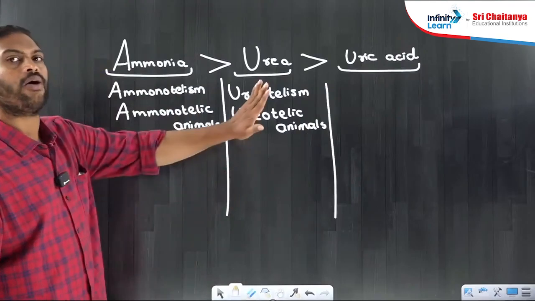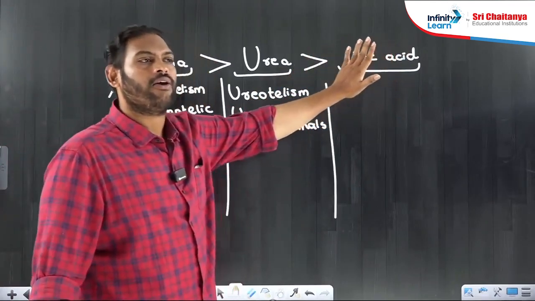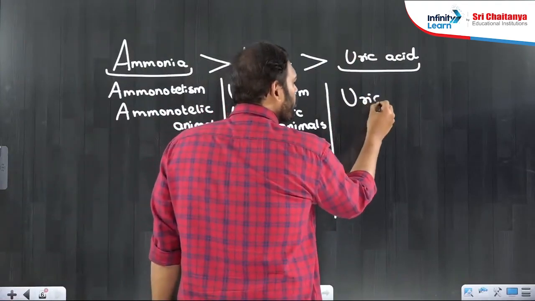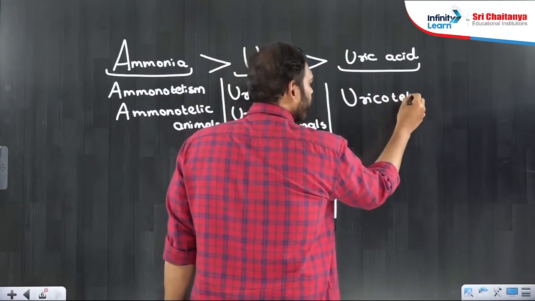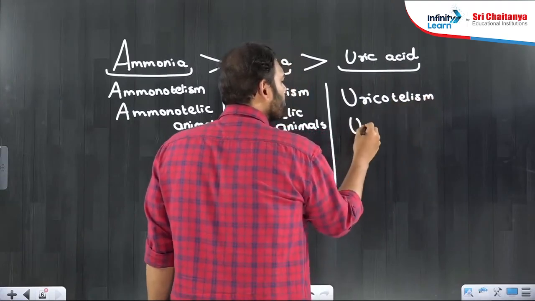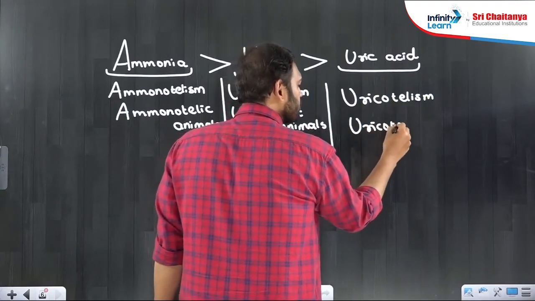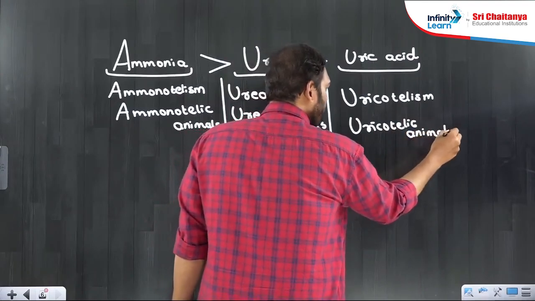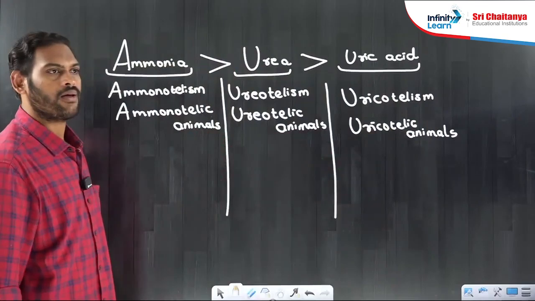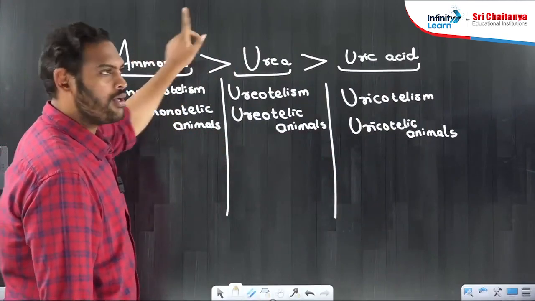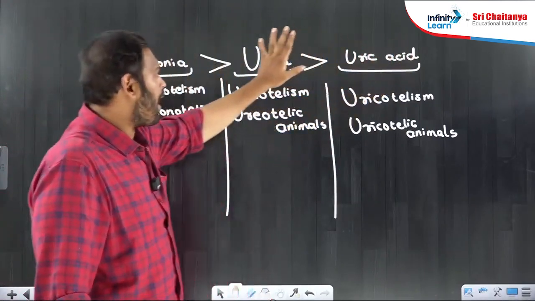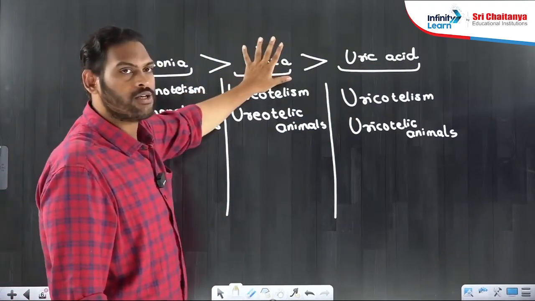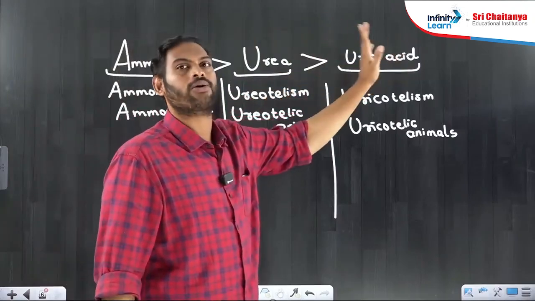Done? Now, what about uric acid? If you excrete uric acid, this phenomenon is uricotelism, and these animals are uricotelic animals. Okay. See, most toxic, average toxic, least toxic.